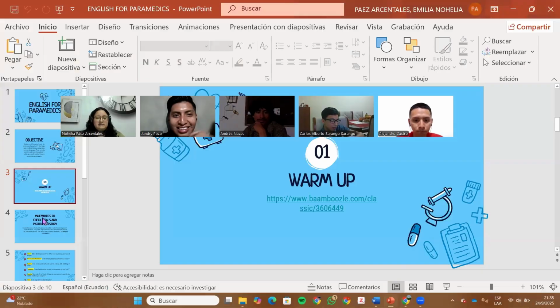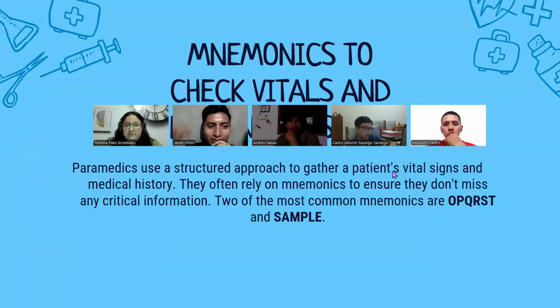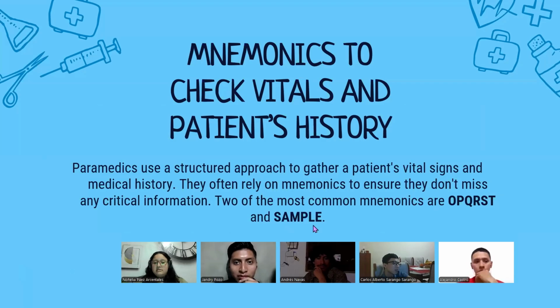So going back now, I have here to share with you these mnemonics to check vitals and patient's history. So what are mnemonics, first of all? They are letters where every letter has a significance, so by all of these letters you can remember things.